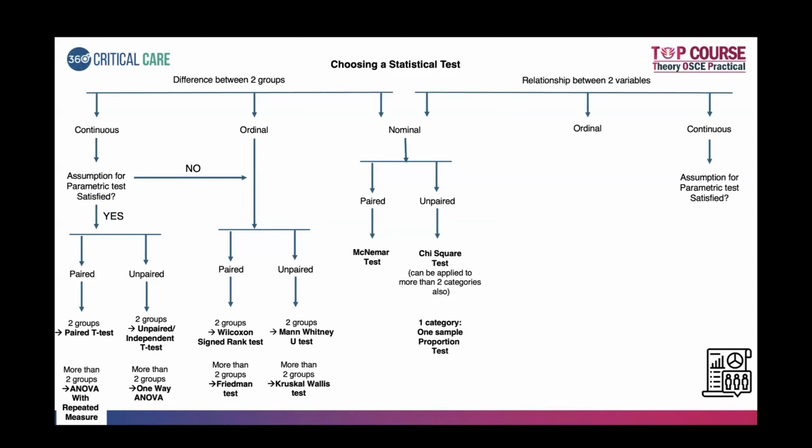Like I said, first one is the difference relationship variable. Then you assess the data set type. Then you assess whether it is parametric or non-parametric. Then you assess whether it is paired or unpaired. But when you do a relationship between two variables, you don't really need to look into the paired or unpaired data. So that is the only trick that you can keep in mind.